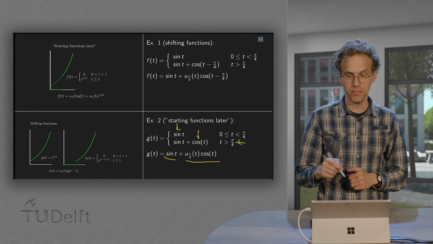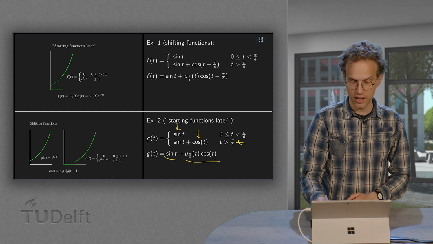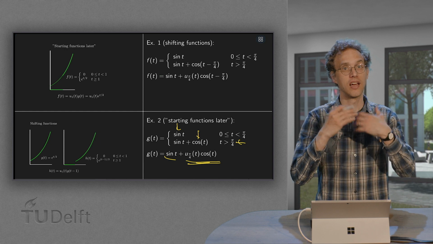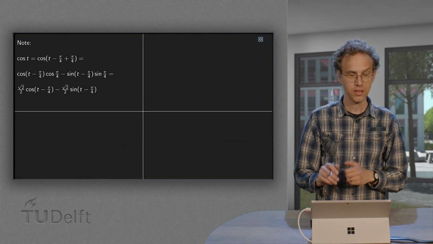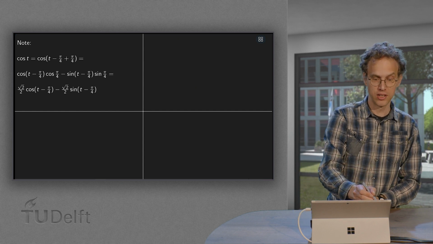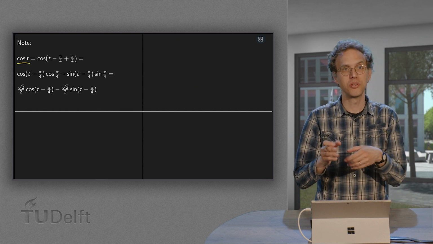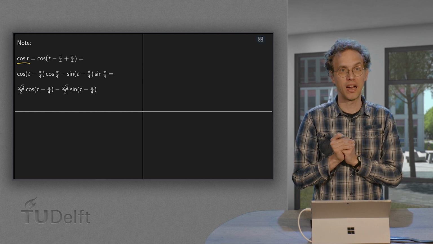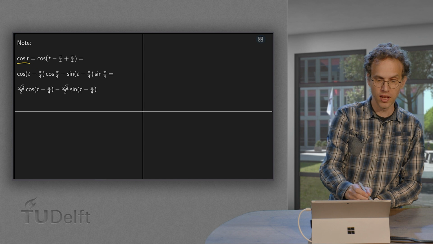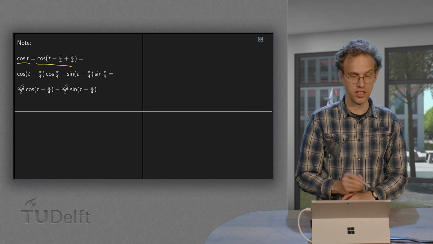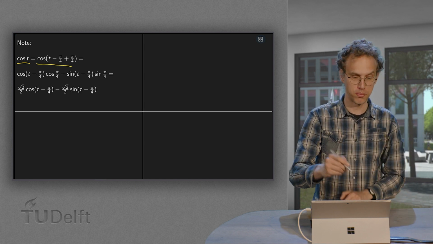Now actually you can sometimes rewrite this as some shifted function, as we will see over here. Note we can do the following. This cosine t, we would like to write as some function of t minus pi over 4. And that is possible in this case, because cosine of t equals cosine of t minus pi over 4 plus pi over 4.